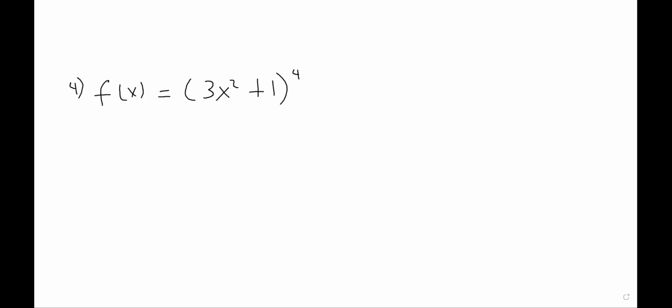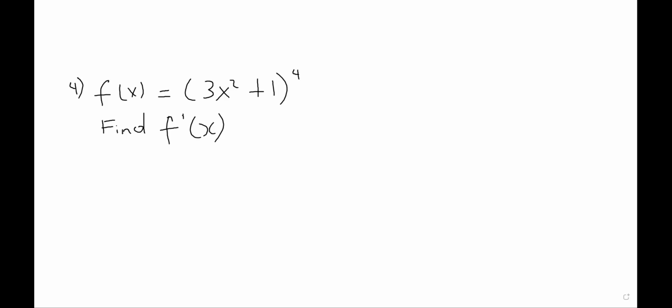And it's asking us to find f prime x. Cool. It's asking us to find f prime x, otherwise known as the differential of x.